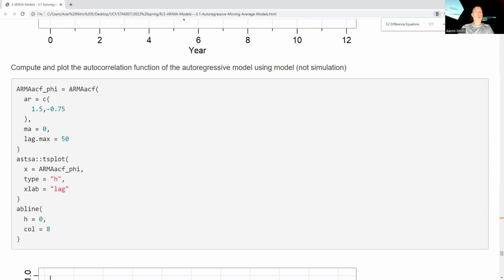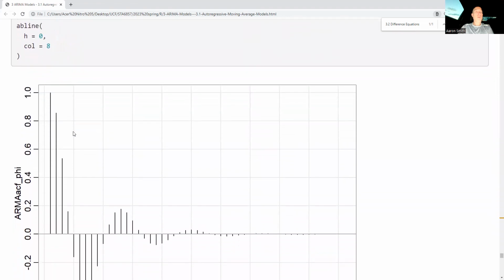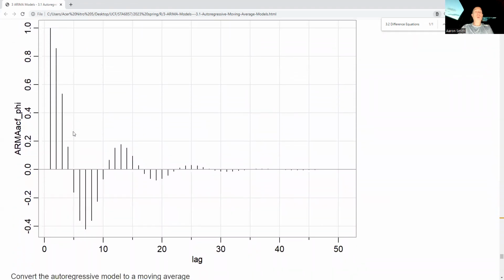Here I'm going to use the ARMA autocorrelation function, and this is base R. I drop in the coefficients. Notice that 1 is missing from there. I don't have a moving average portion. And I'm saying go out to a maximum of 50. And then we just go through and plot. And so here we can see the pattern of our autocorrelation.